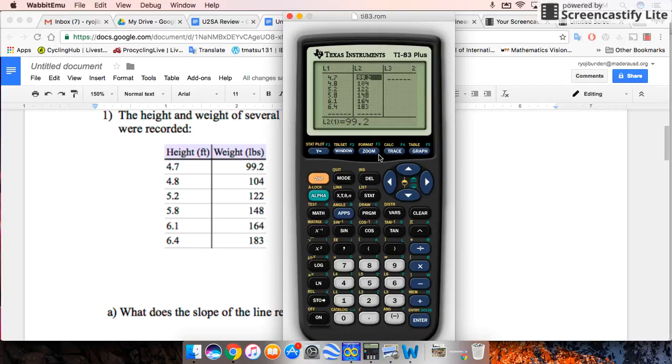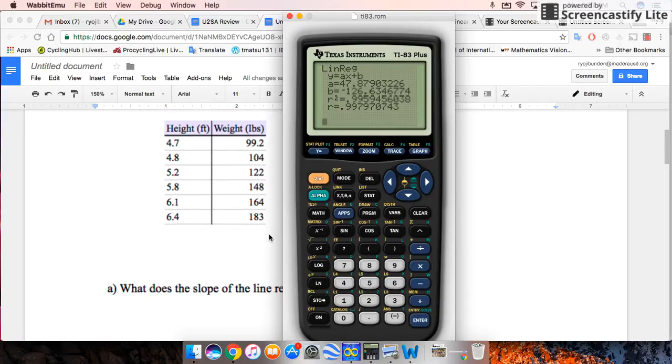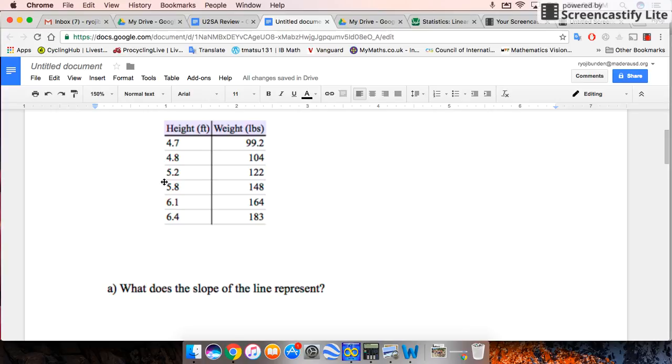And then you click Stat again, you move over to Calc, you choose option 4, and it gives you these values. It gives you y equals ax plus b, where a equals 47.9 and b equals negative 126.63. So that represents our regression.